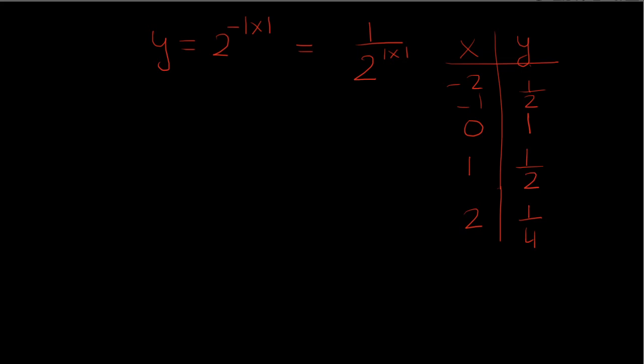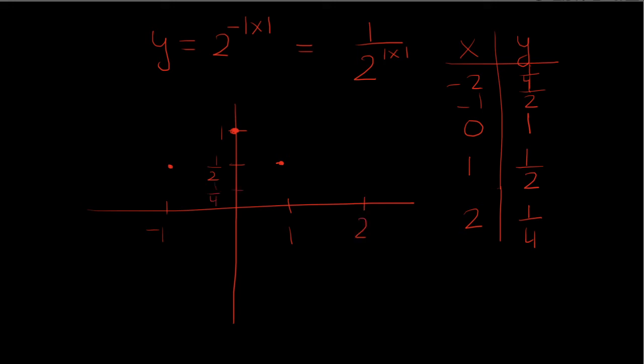So when I go to graph this, at 0 it's 1. And then it's going to decrease in both directions. So at 1 it's 1/2. -1 it's also 1/2. 2 it's 1/4. And -2 is also 1/4.